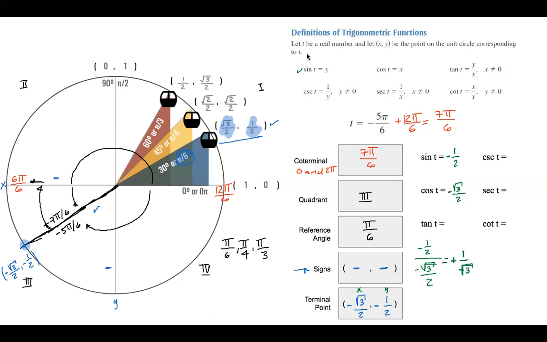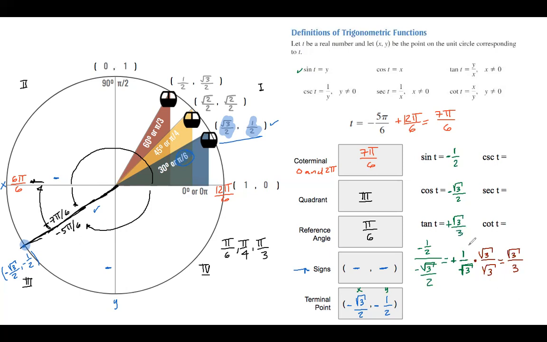But we still need to rationalize that answer by multiplying both numerator and denominator by the square root of 3. And the answer is going to look like this: the square root of 3, and down here, we're going to get over 3. Let's write that down. This is going to end up as positive square root of 3 over 3.